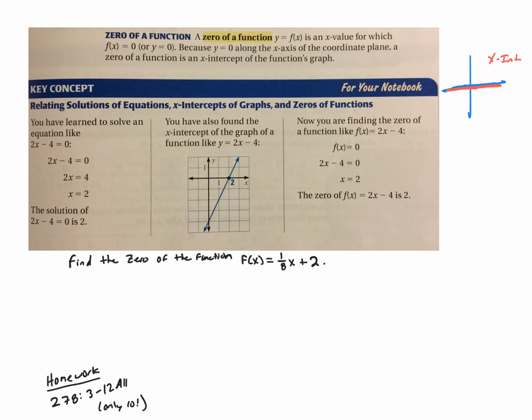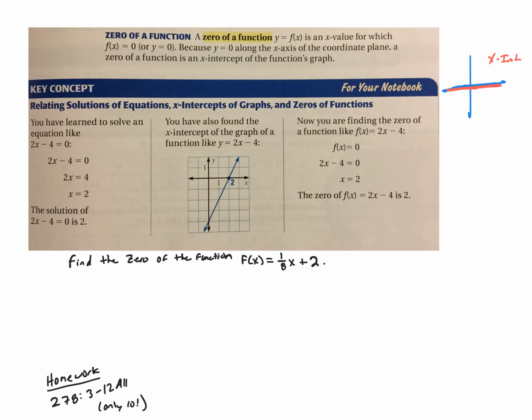So really all we're doing is changing the name. And so whenever we are finding the x-intercepts, or finding the zeros of the functions, we're really doing the same thing. So we're just saying, hey, when does this function equal 0? So we're going to replace that f of x equals 0 and solve, which we did right over here, or we did here visually.